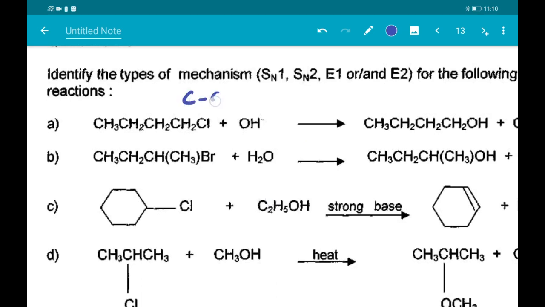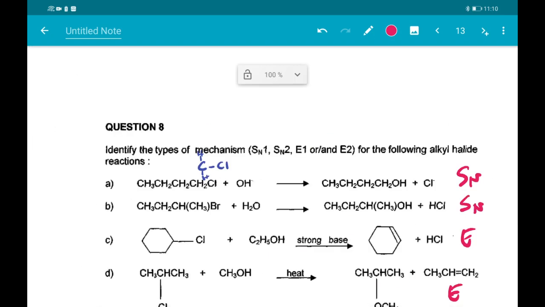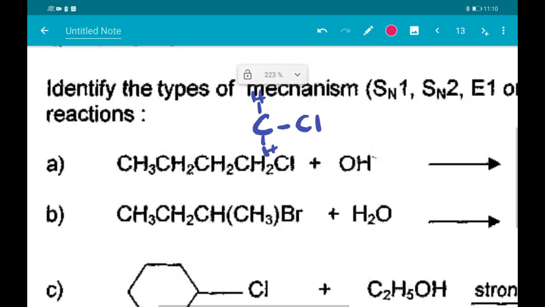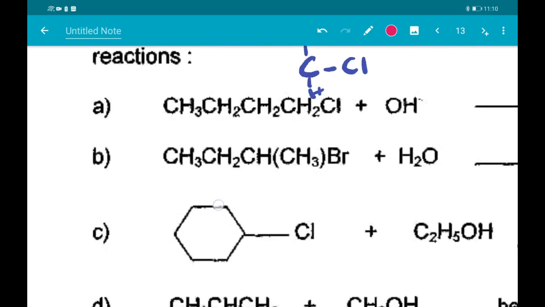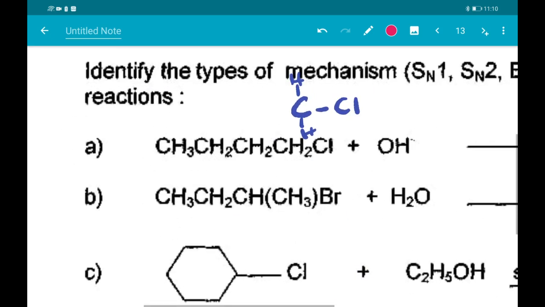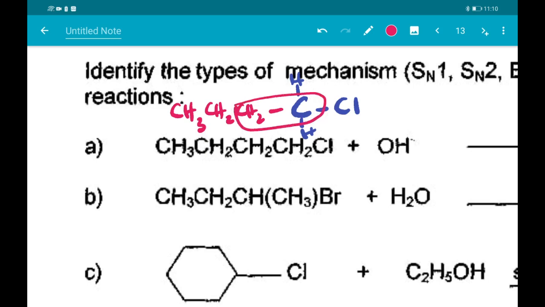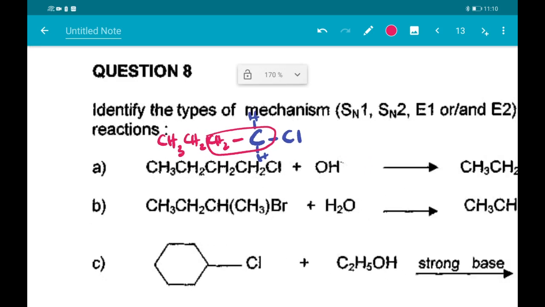The C attached to the Cl, and then you have H, and then it is attached to CH2, CH3, which means that this is a primary alkyl halide.